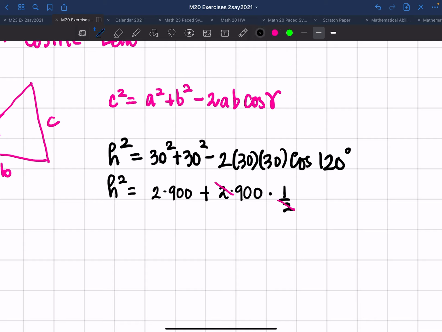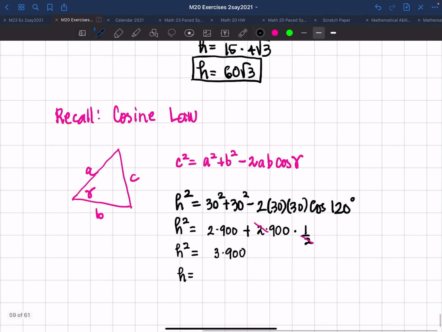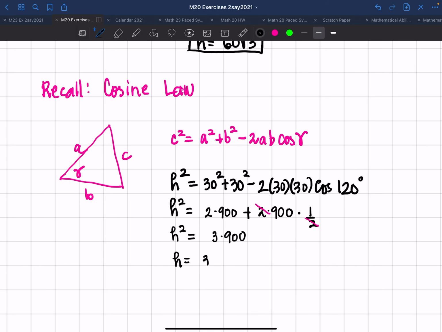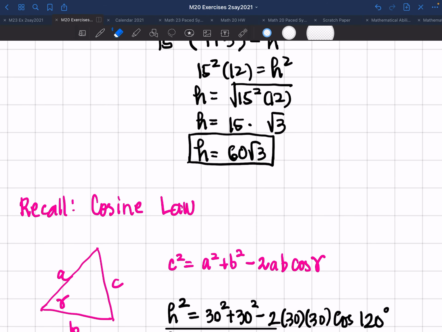So, h squared is equal to, ano na ito? 900 times 3. So, if you take the square root, ano na ito? 30 square root of 3. Oops, may mali ata tayo sa una. Ito, sorry. This is 2 square root of 3. Kaya 30 lang yan.